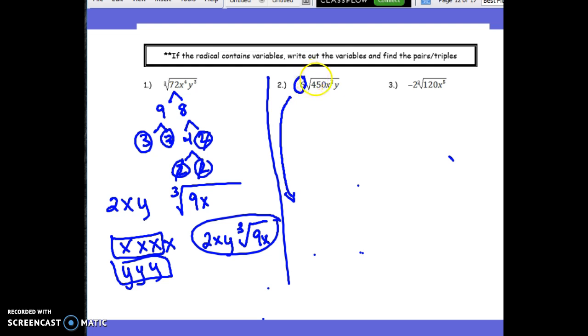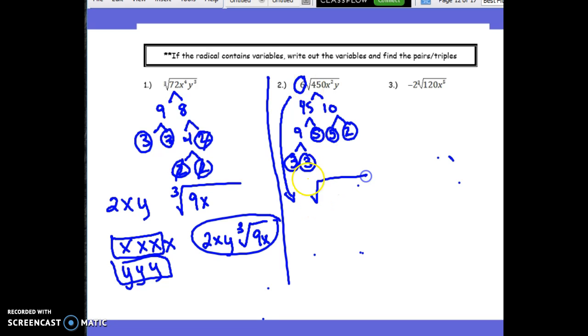Now there's no index here, so it means the index is 2. We're looking for the square root. I'm going to start maybe with 45 and 10. Then I've got 9 and 5. Then I've got 3 and 3. For 10, I've got my 5 and a 2. So we've got our prime factorization done. We're looking for all of our pairs, because our index is 2.